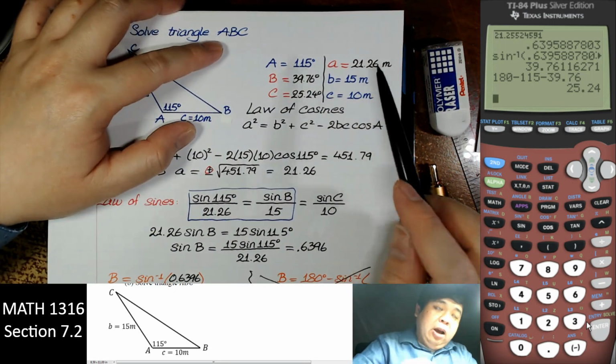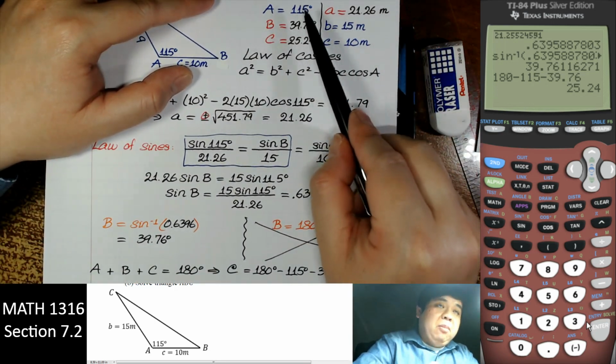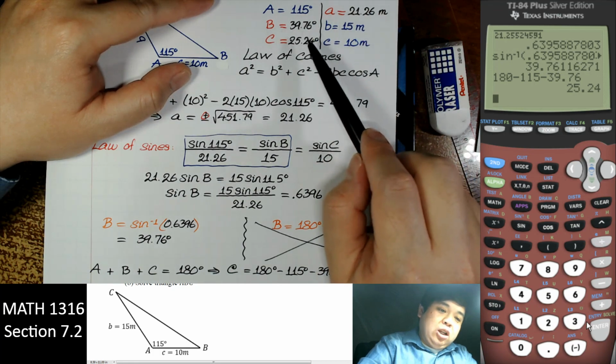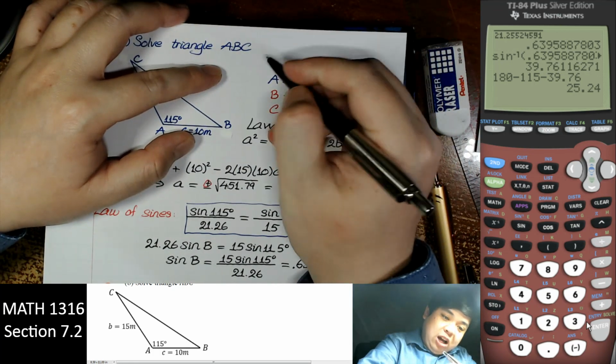Right. Last check: biggest angle, longest side; smallest angle, shortest side. So that certainly works.